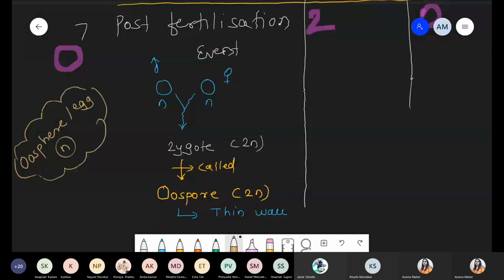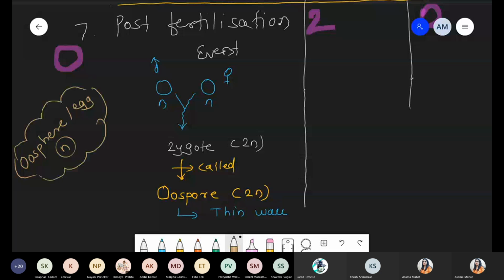Clear? Yeah. Is this point clear? Remember this point, okay? Oospore, not oosphere. Oosphere is also called the egg. Haploid है. यहाँ पे diploid ही है.